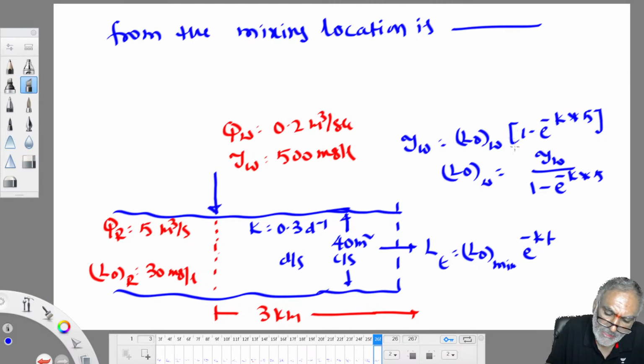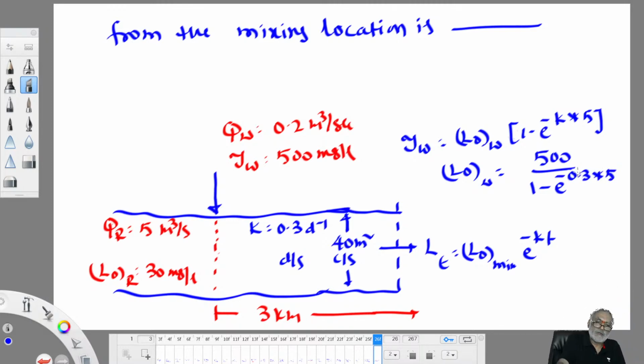So YW is given as 500, by 1 minus e power minus 0.3 into 5.